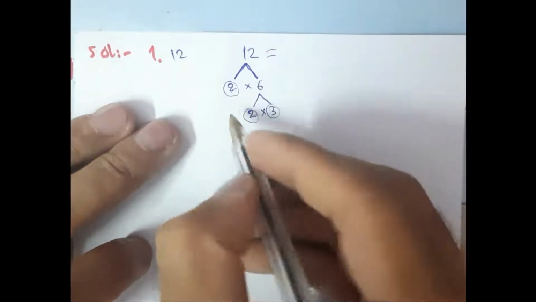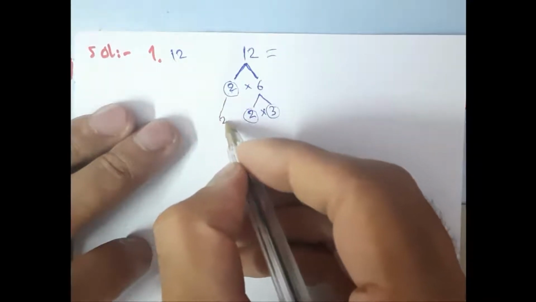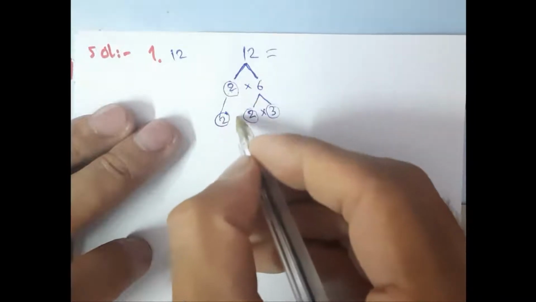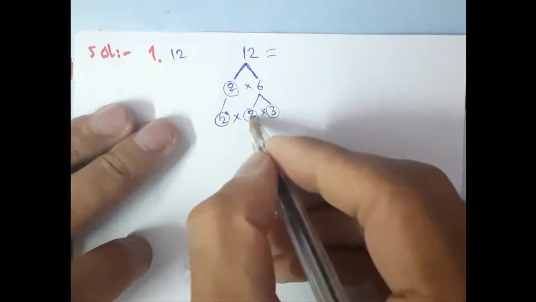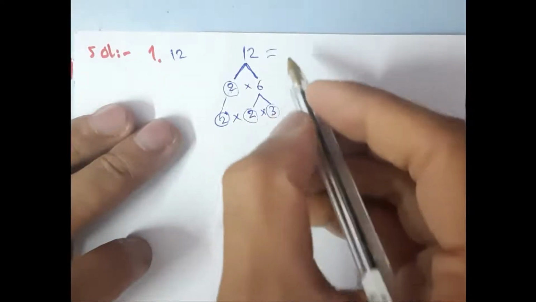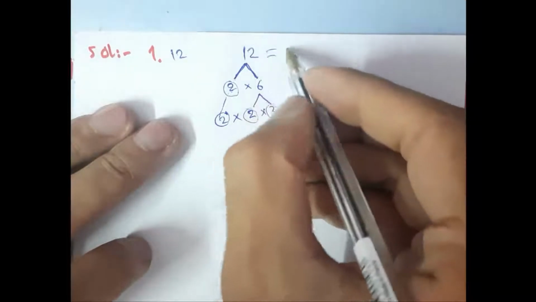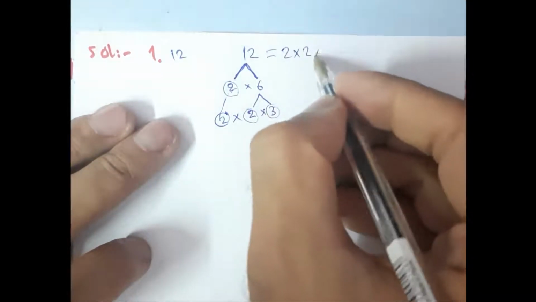Therefore we can write 2 times 2 times 3, which is equal to 12. Therefore 12 is decomposed as 2 times 2 times 3.